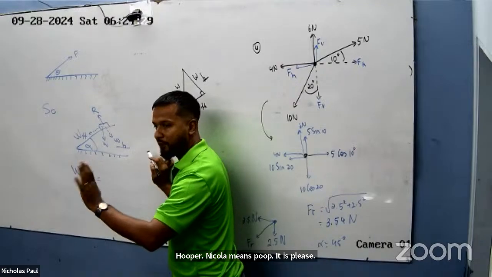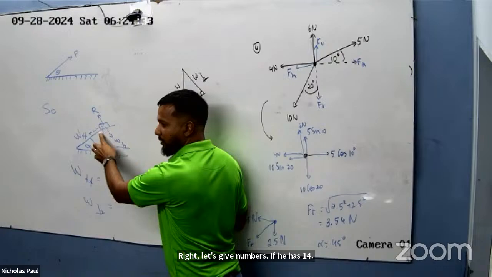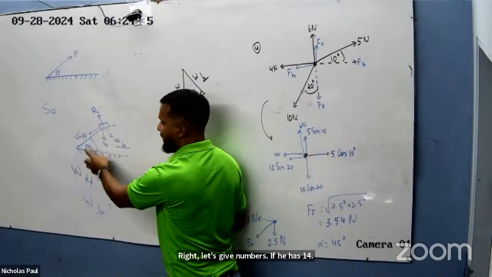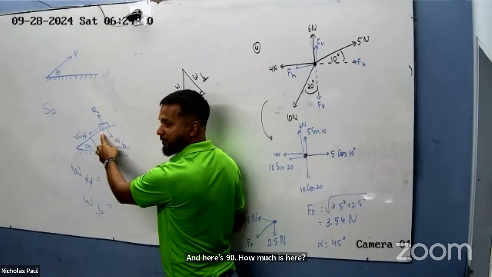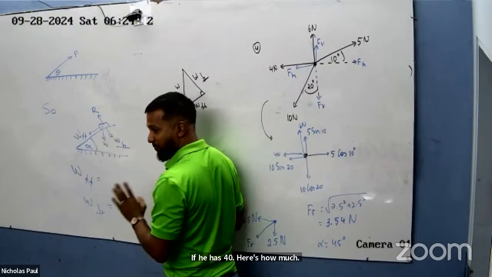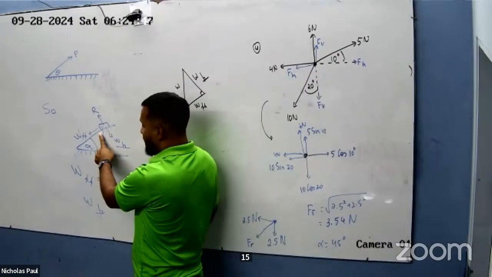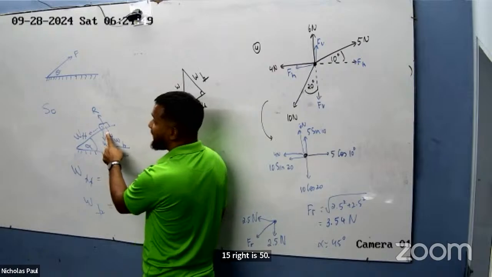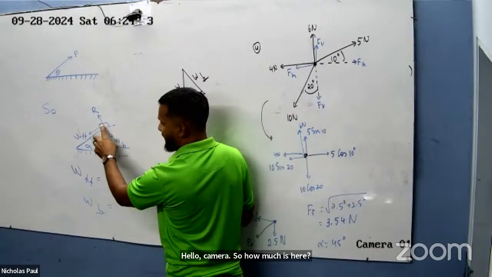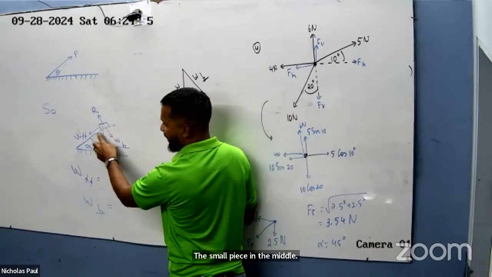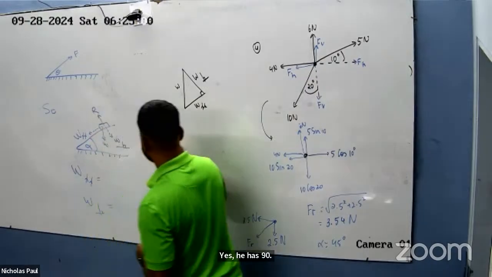Let's use numbers. If here is 40 and here is 90, how much is here? If here is 40, here is 50, right? Are you okay with that? So how much is here, the small piece in the middle? Here's a right angle triangle. Here to here is 90.